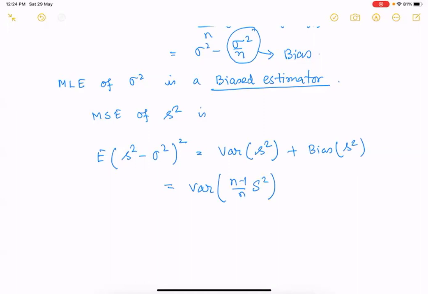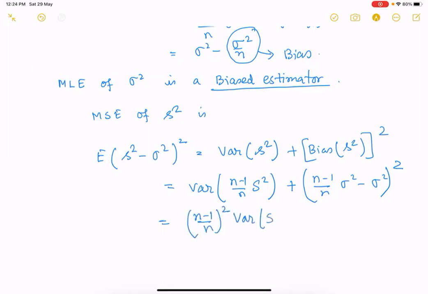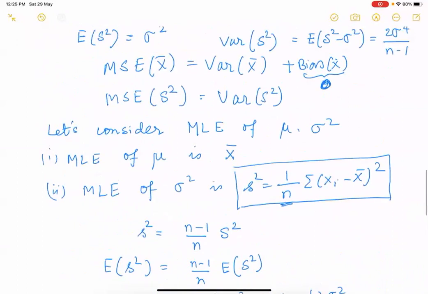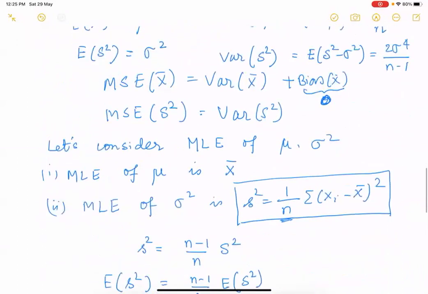Now, what is small s square? Small s square is n minus 1 by n capital S square. And the bias is n minus 1 by n sigma square minus sigma square, whole thing squared, because this is bias squared. Now we have n minus 1 by n, this entire thing squared, times the variance of capital S square, plus n minus 1 sigma square minus n sigma square by n, this whole thing squared. The variance of capital S square, we have checked previously, is 2 sigma to the power 4 by n minus 1.